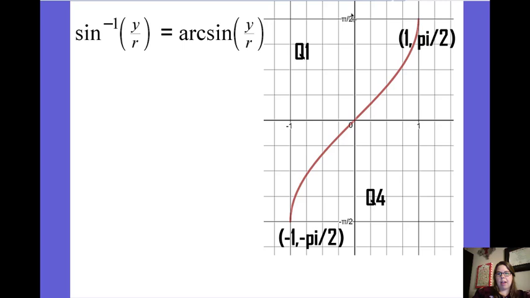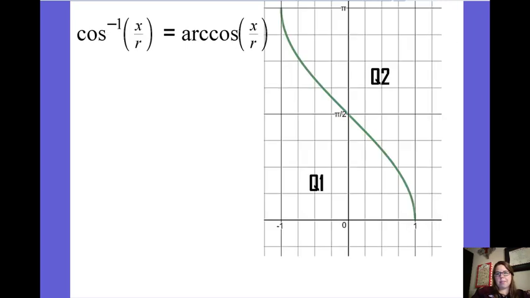Anything between 0 and pi over 2 or 0 and positive 90 would be in quadrant 1. And so when we talked about the calculator, when we did inverse sine in the calculator, when we were solving for specific things on quadrant trig, sine and cosine and tangent only live in specific areas. Well, sine only lives in quadrant 4 and quadrant 1 in the calculator. That's the only 2 angle measures that the calculator is going to give you. Same thing with cosine and same thing with tangent.